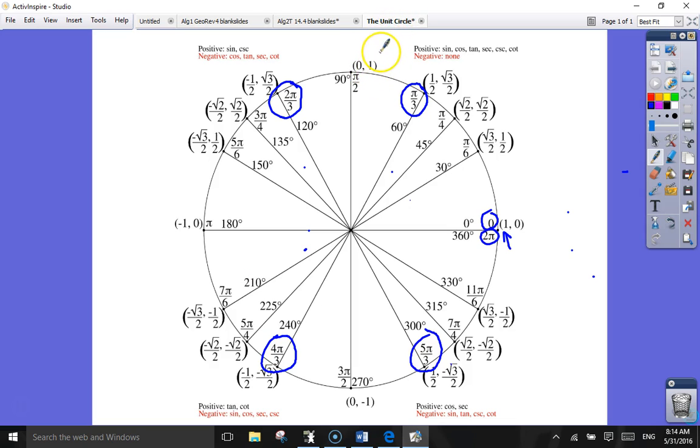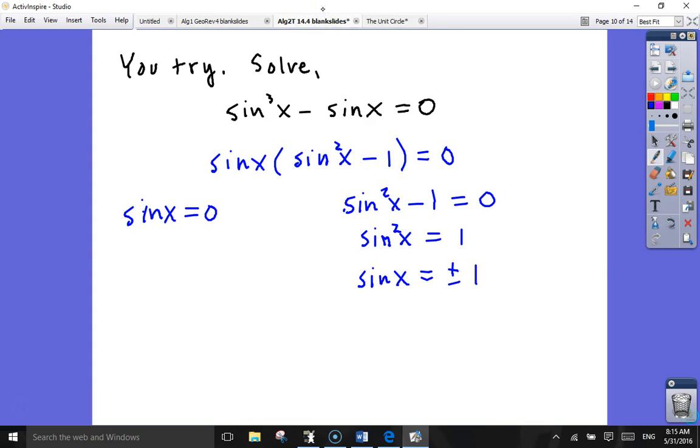Pi over 2 and 3 pi over 2. So in fact, this is like every pi over 2: 0, pi over 2, pi, 3 pi over 2, 2 pi, and just keep going. Every multiple of pi over 2, one or the other of those is satisfied. So the answer is x equals n times pi over 2.